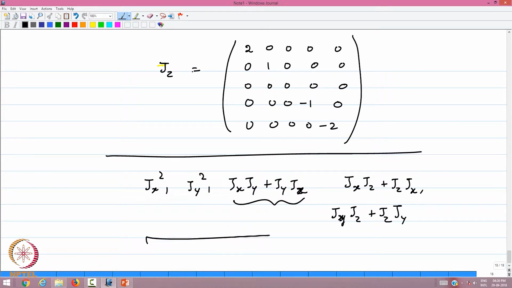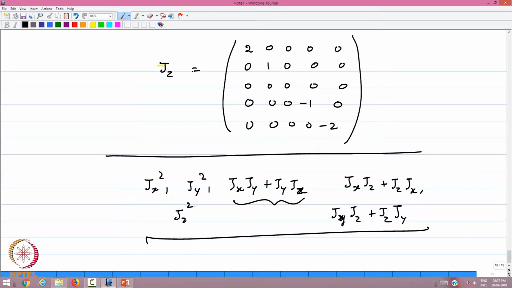You can simply multiply the matrices that you have to get the matrix form of the operators given here, and also Jz square. Okay. So, this is a very simple way of representing angular momentum matrices for the angular momentum operators using the basis functions which are diagonal for the operators, the J square operator and the Jz operator.